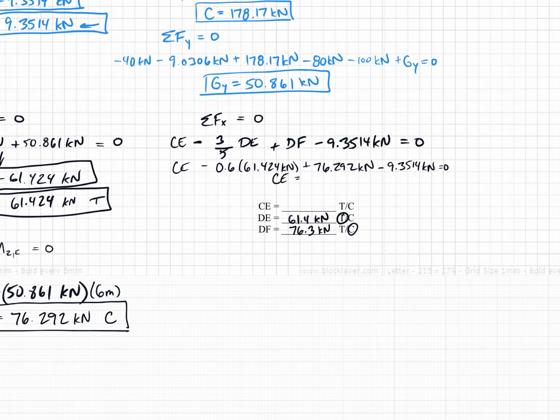CE equals negative 30.086 kilonewtons, or 30.1 kilonewtons in tension. So CE equals 30.086 kilonewtons in tension. Boom.